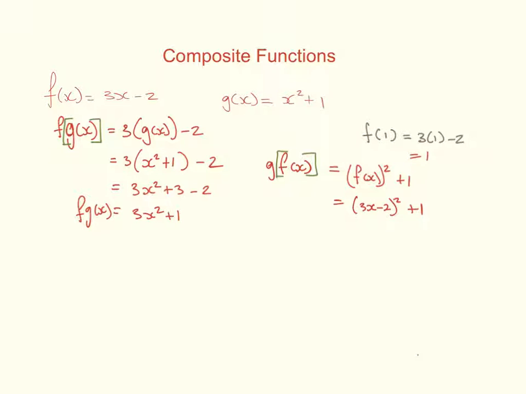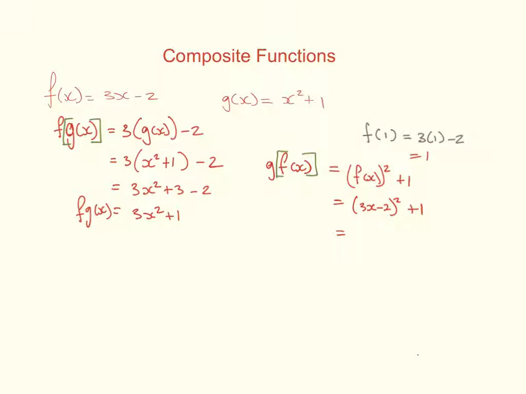We can simplify. If you want, you can leave it like that. But depending on the nature of the question, you might be required to simplify it as far as possible, which means that you will need to expand this bracket. Now, if you looked at my video on expanding brackets, when we started dealing with simple algebra, then you would know that you're not allowed to just square this and square that.